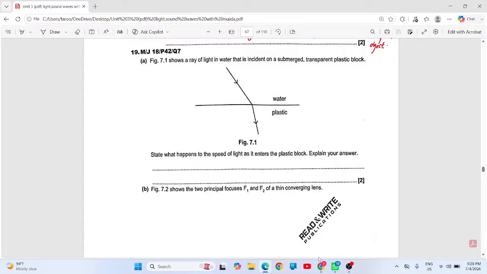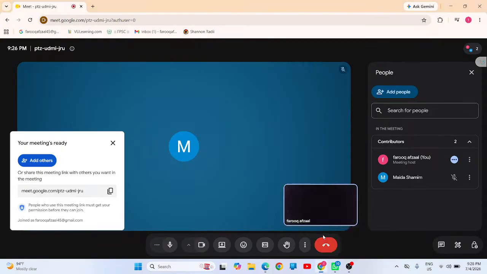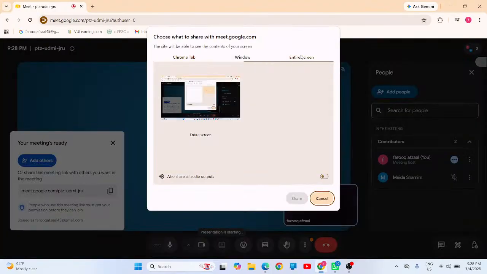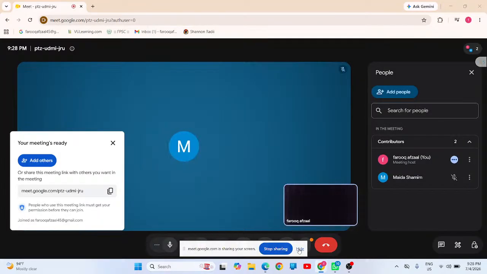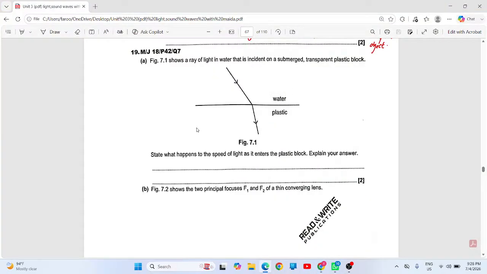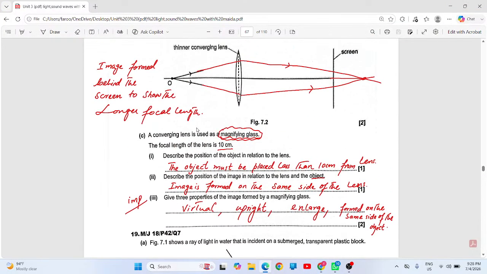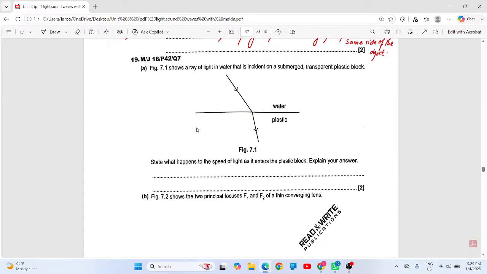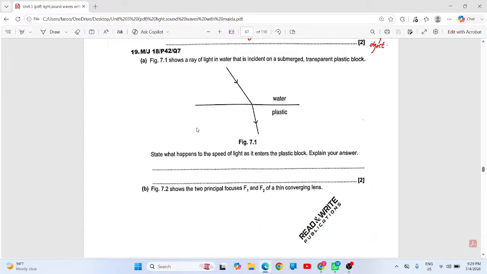Okay, question number 19 is... so we have completed question number 18.